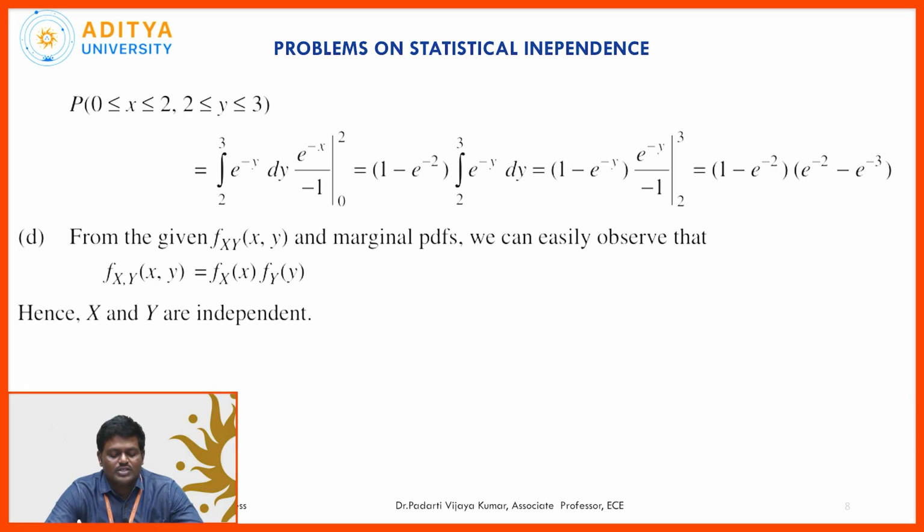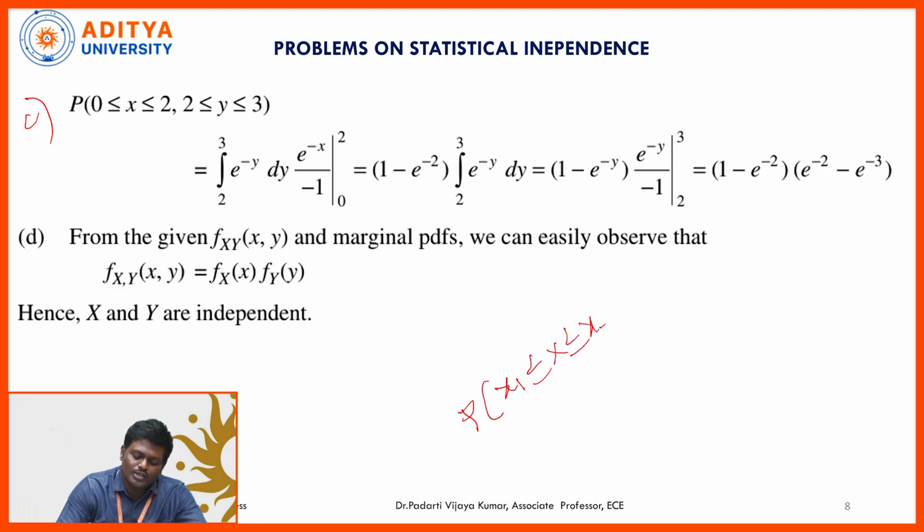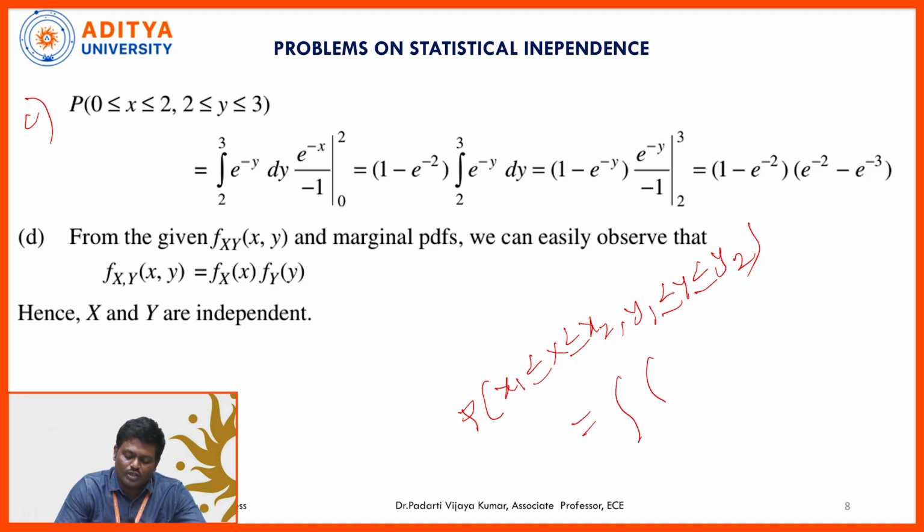And the third one is, we are asked to compute the probability over the limits 0 to 2 and 2 to 3. So this also will apply the property. If you want to compute the probability between any two limits, we need to compute the area under those limits based on the property of the joint density function. For computing the area, the limits are y1 to y2, x1 to x2, fxy of x y dx dy.